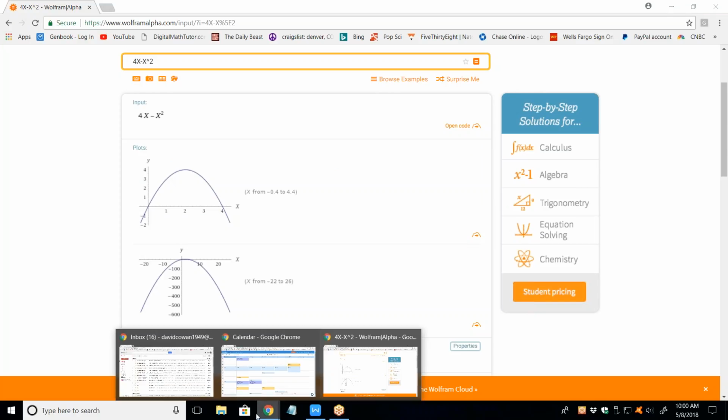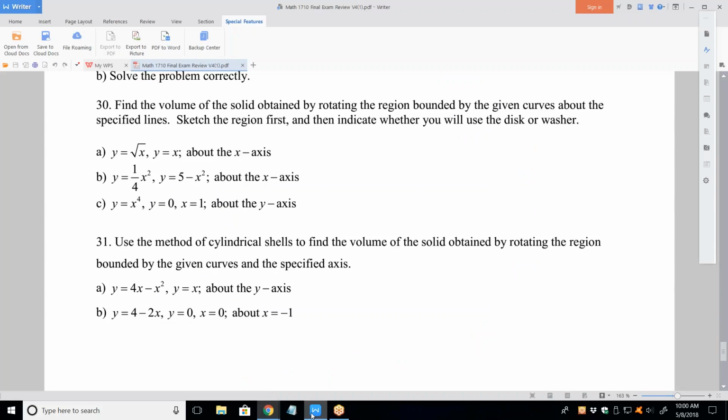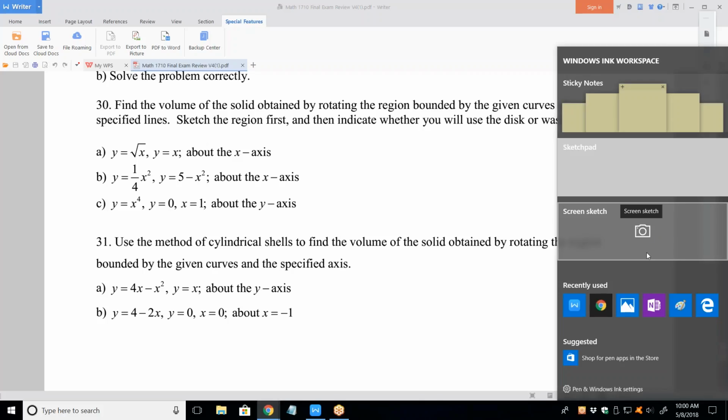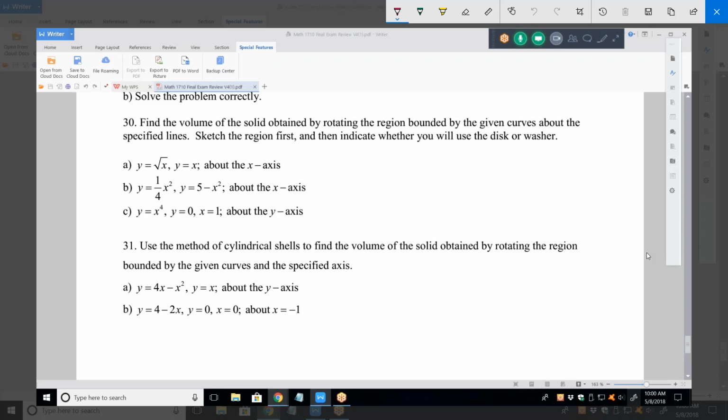In other words, I'm glad this came up because every now and then we are integrating about the y-axis, right? That means we're rotating about the y-axis.